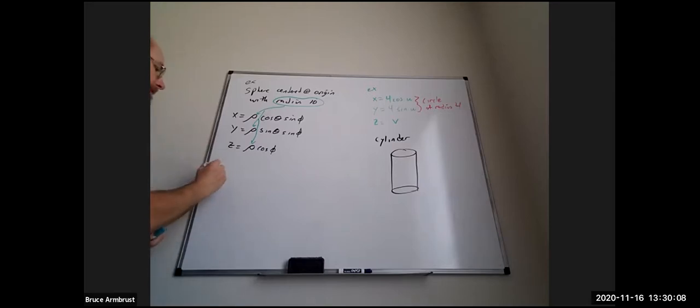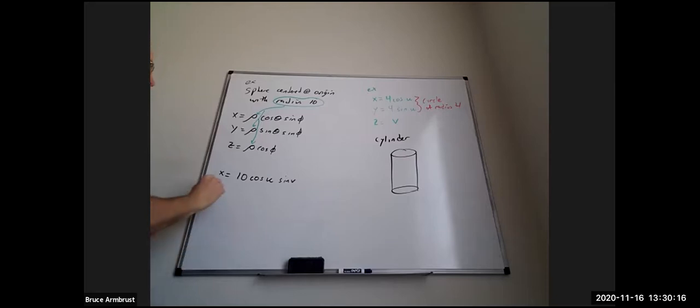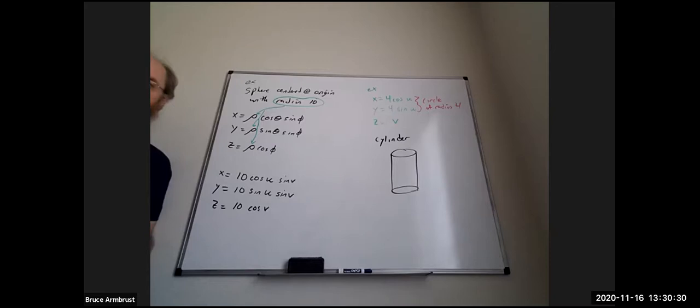I'm going to let x equal 10 cosine u sine of v. y is going to be 10 sine of u sine of v. And z is going to equal 10 cosine of v. And so there's the parameterization for a sphere of radius 10 that's centered at the origin.